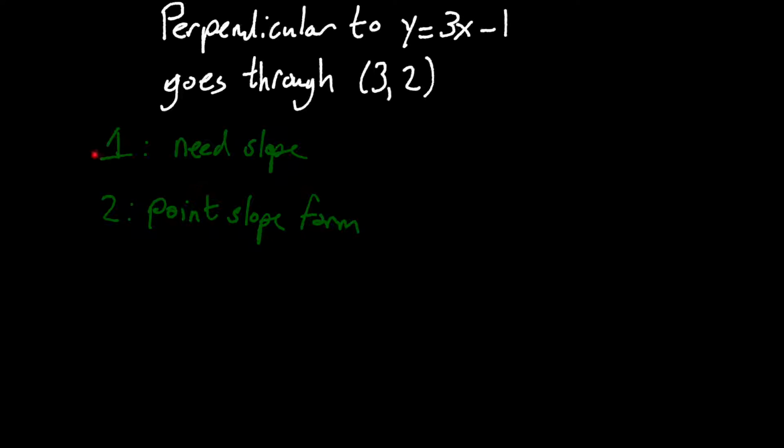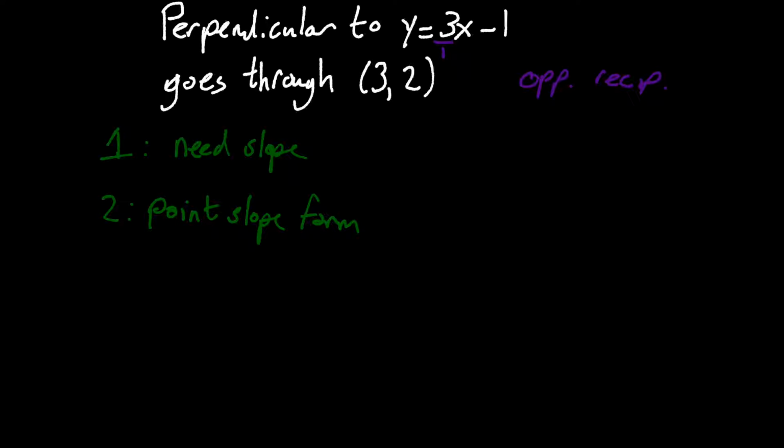So, first thing we need to do is get the slope of our new line. And to do that, we need to look at the slope of the original line. Here, the slope is 3, or we could think of it as 3 over 1. So our new slope has to be the opposite reciprocal.